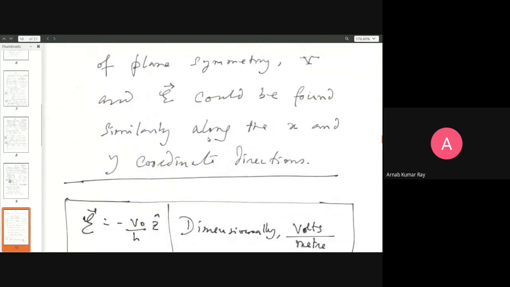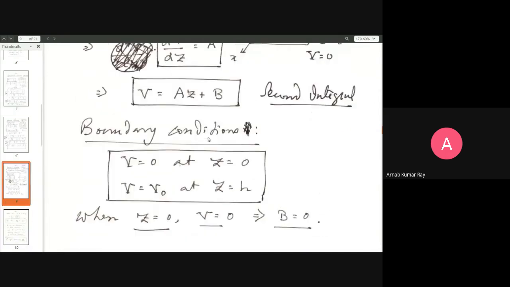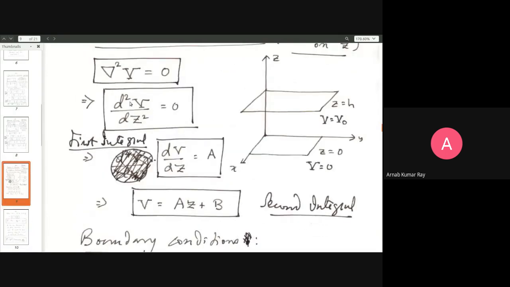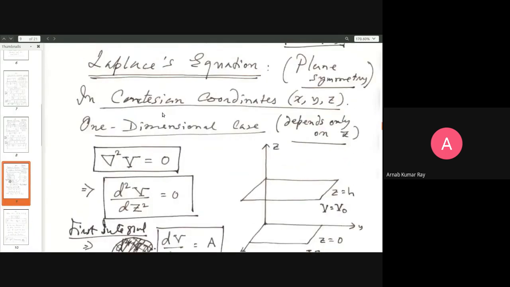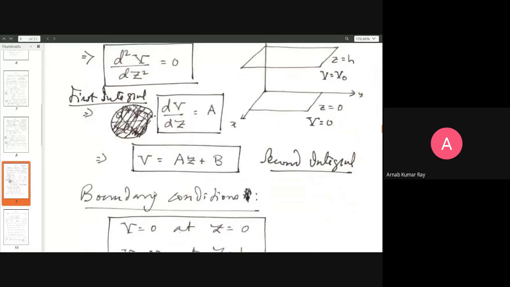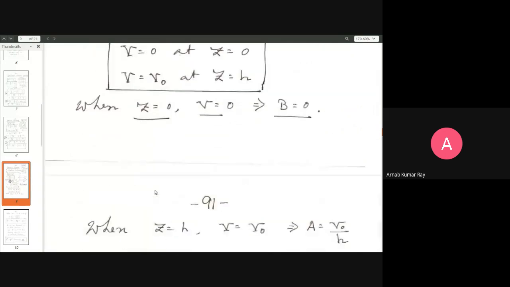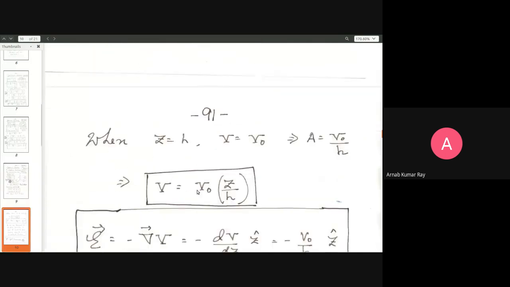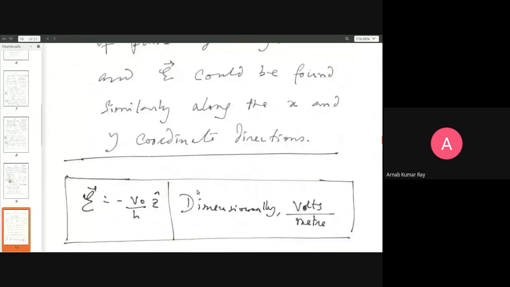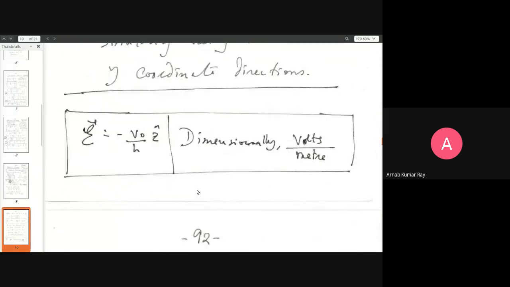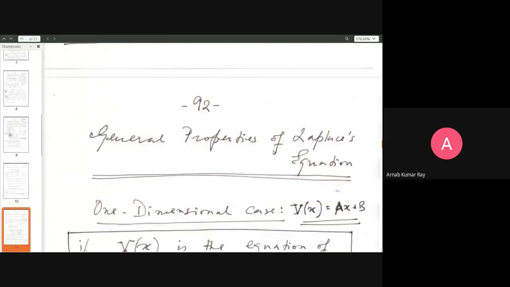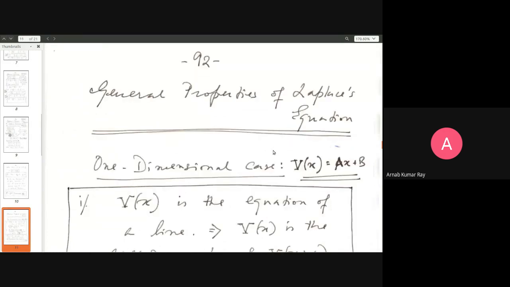So, as you have noticed, what we have worked with is basically the equation of a straight line when we are dealing with the one-dimensional case. That has certain implications. Like I said, the general solution of Laplace's equation, V depending on x, y, z, all three variables, is not formidable, but a considerable mathematical challenge.